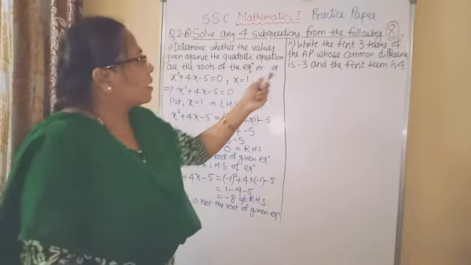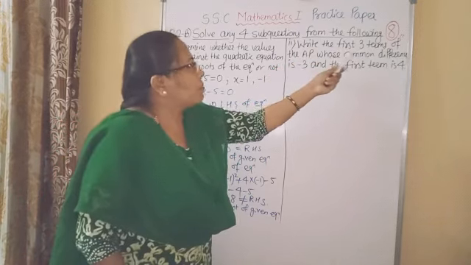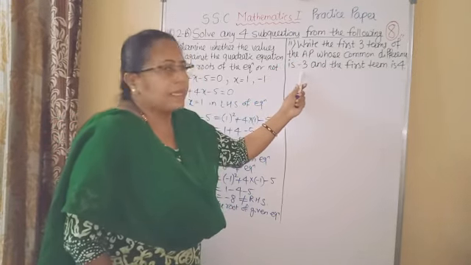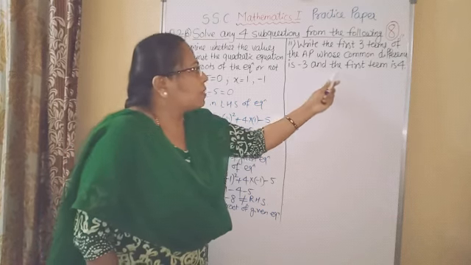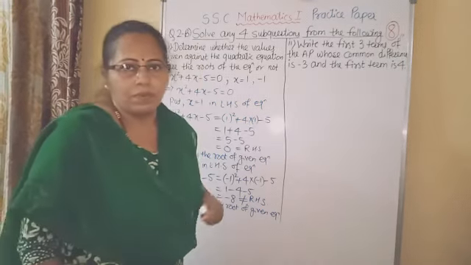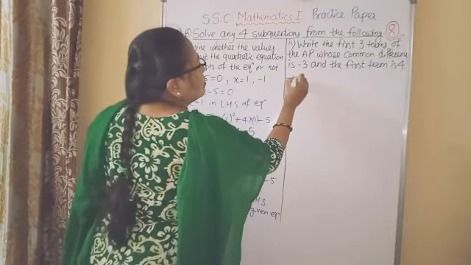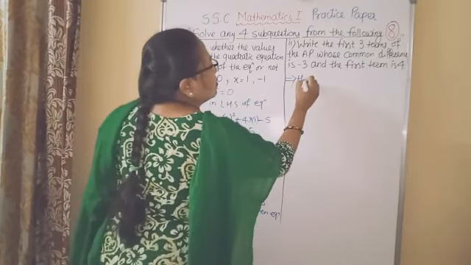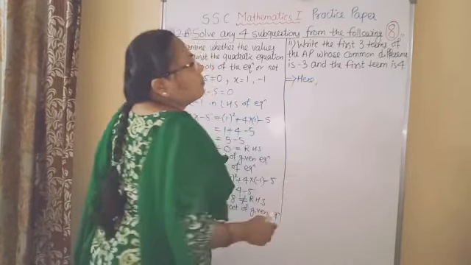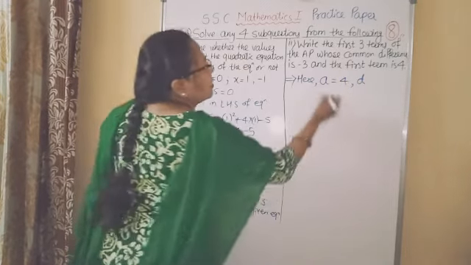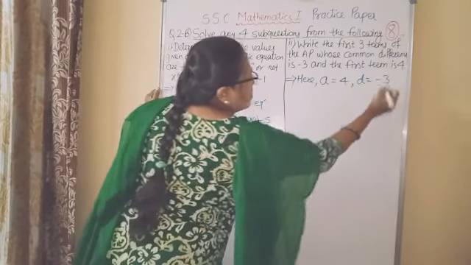Second question. Write the first 3 terms of the AP whose common difference is -3 and the first term is 4. So, let us start the solution. Here, the first term we denote as A. A is equal to 4 and the common difference we denote as D. D is equal to -3.